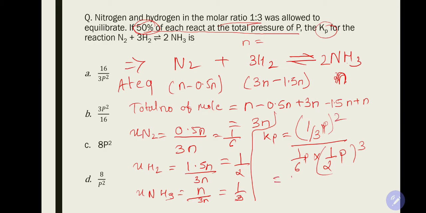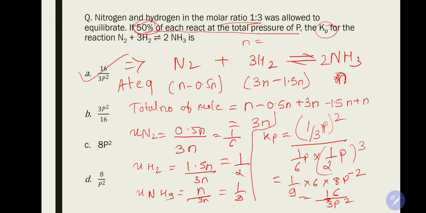Solving this, you get 1 upon 9 into 6 into 8, P to the power minus 2. So the answer is 16 upon 3P square.